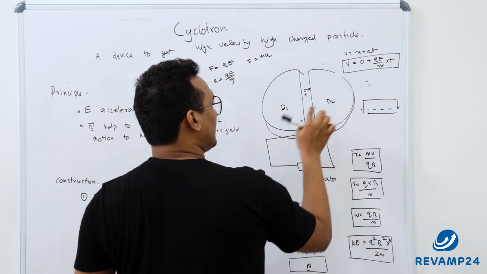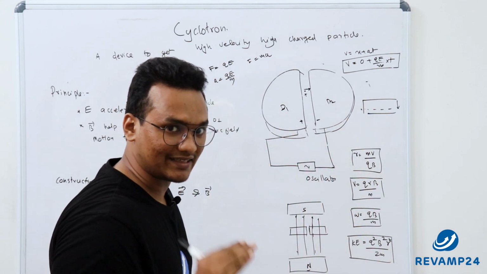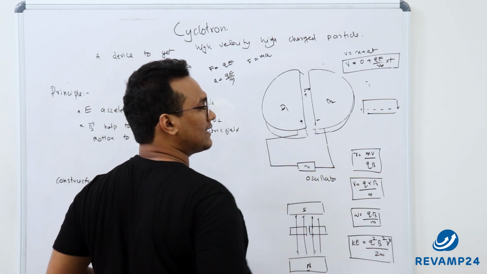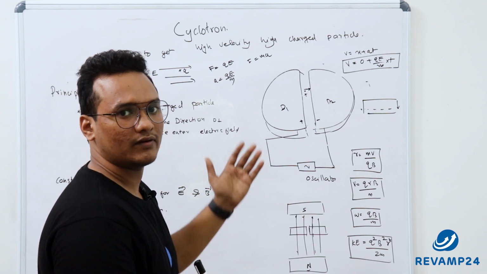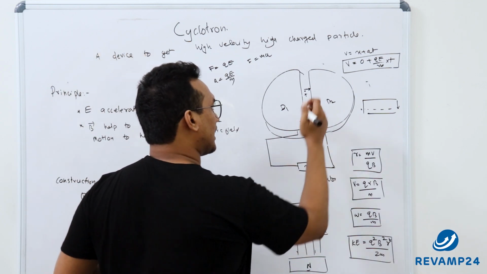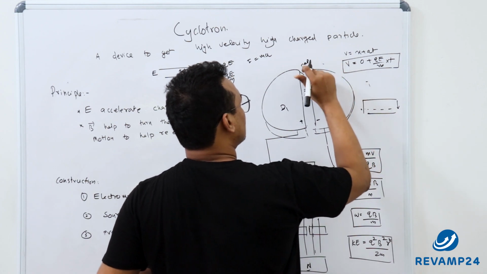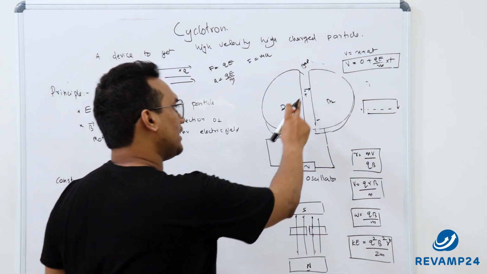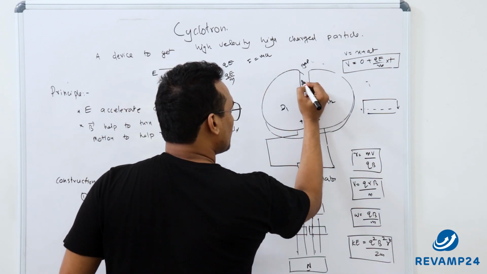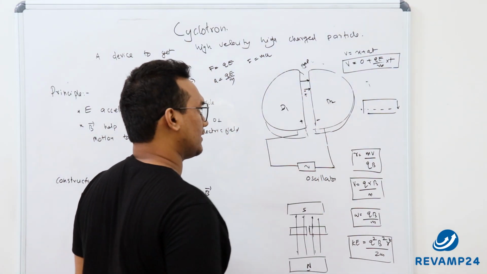Inside D1 and D2 the electric field will be 0. Why? The reason is that inside a metallic cavity the electric field has to be 0. With Gauss's theorem we have proven it. But this gap doesn't come in that metallic cavity. So, here there will be an electric field, and from here till here it will be accelerated.